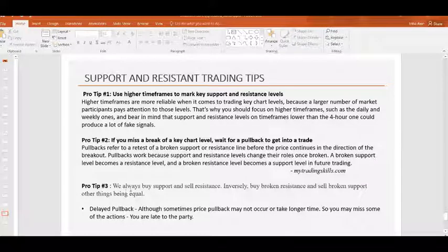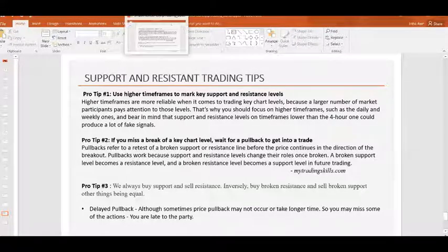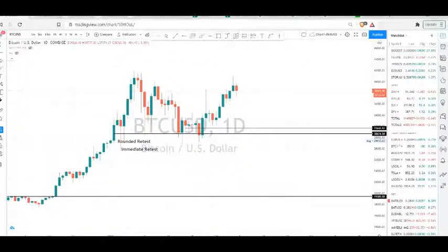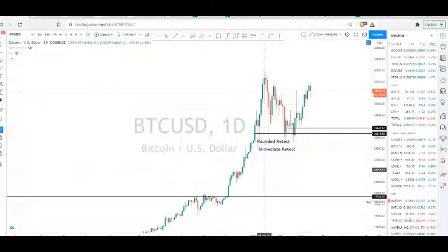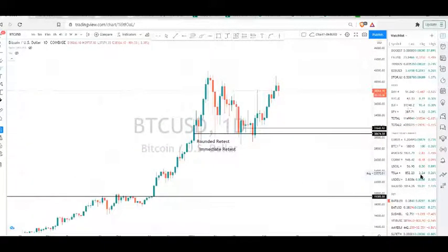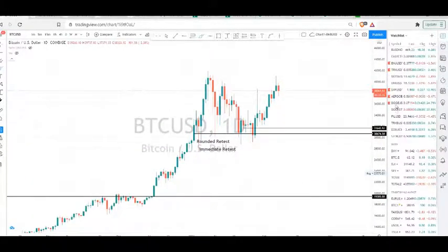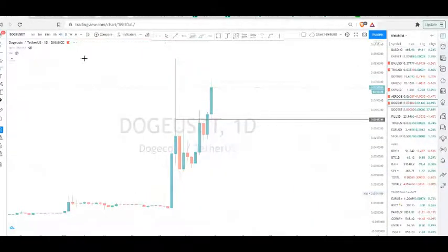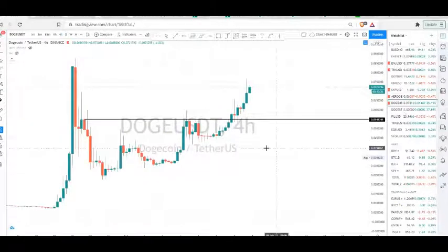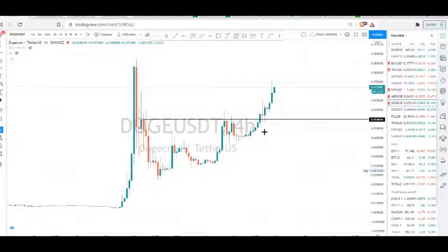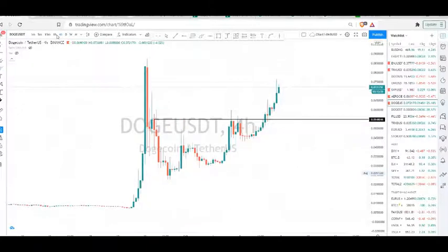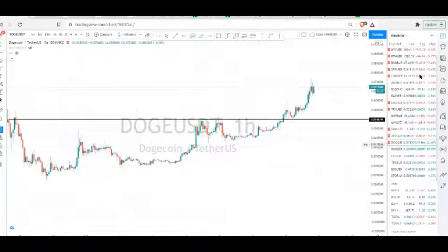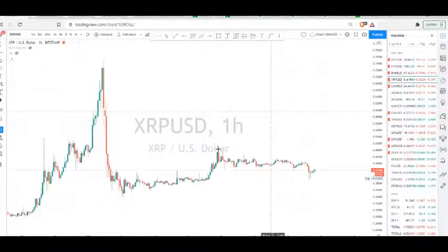Now, please take note, we always buy support and sell resistance. I think that's the main takeaway of this whole support and resistance thing. Let me go to XRP.